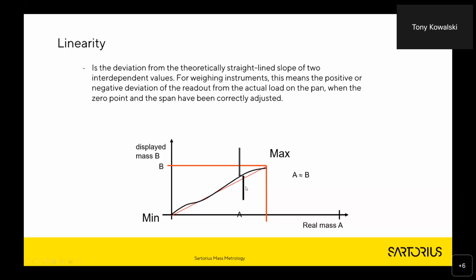If you're simply weighing the weight, then you would have this total error. But when you're comparing A to B, you've got almost no error. It's almost not measurable, the change in slope between here and here.